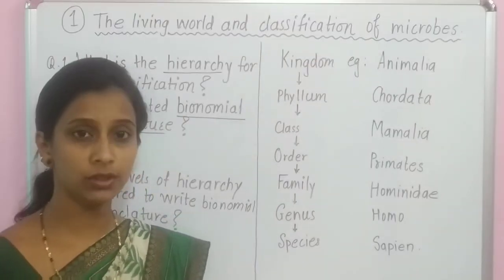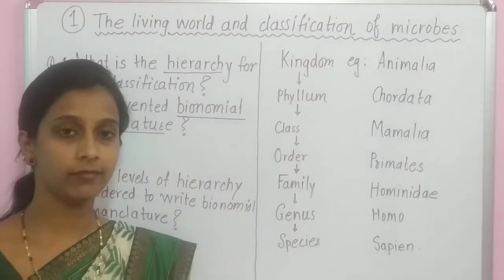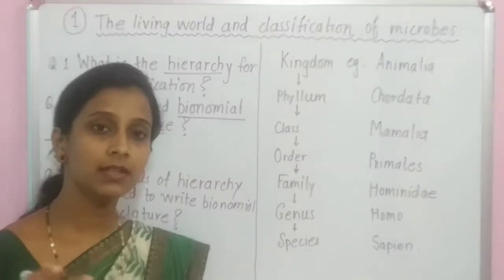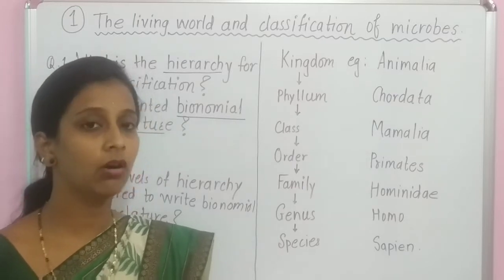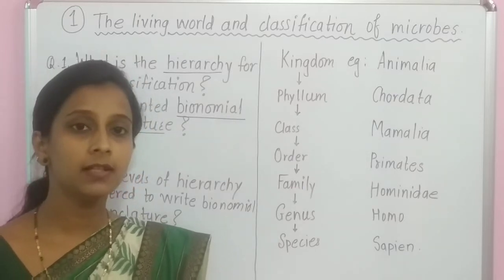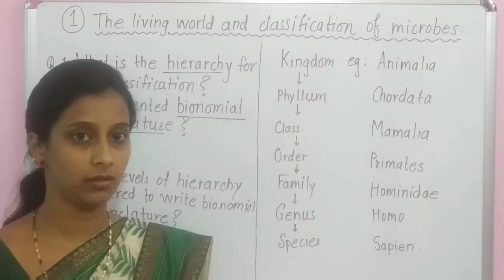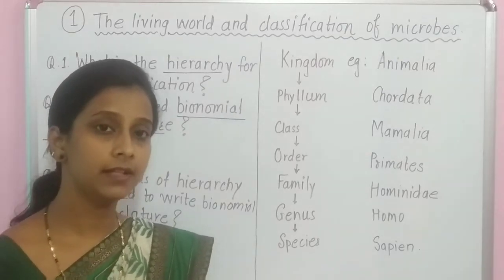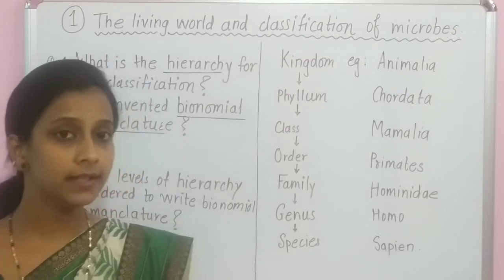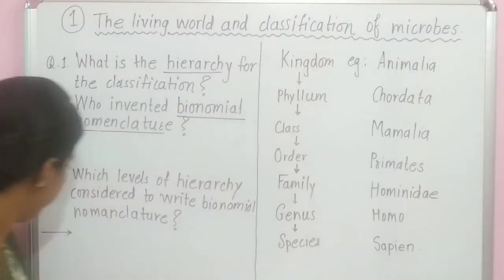So from language to language, the name changes, but the scientific name of any living organism is worldwide accepted and it never changes. For example, the scientific name of mango is Mangifera indica.